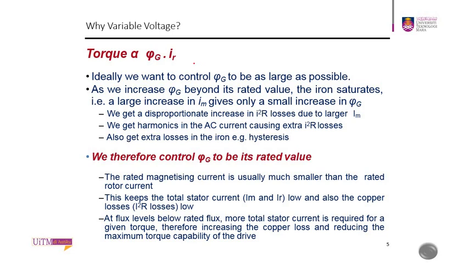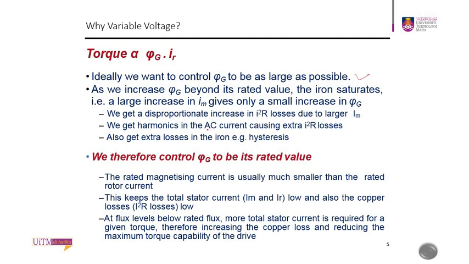Ideally, for torque, we want to control the flux to be as large as possible. But as we increase flux beyond its rated value, the iron saturates, and a large increase in current gives only a small increase in flux.